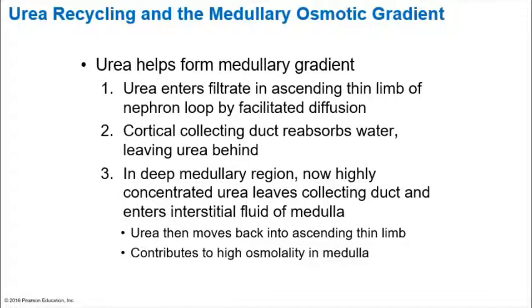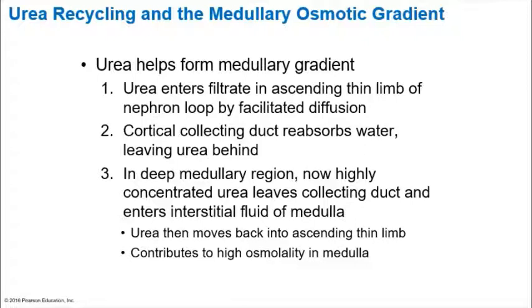We already know we're going to secrete urea, pump it into the filtrate so you can pee it out in the ascending limb of the nephron loop. And it turns out you'll also reabsorb urea in the collecting duct. Some of that urea will leave the collecting duct and enter the interstitial fluid.